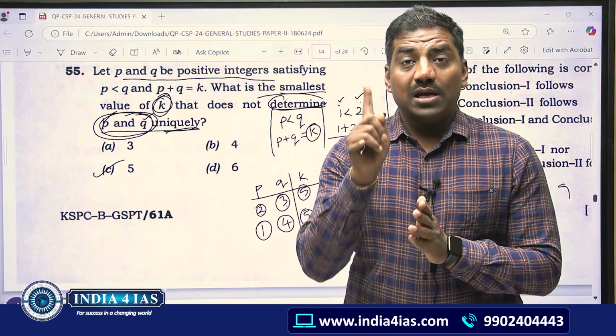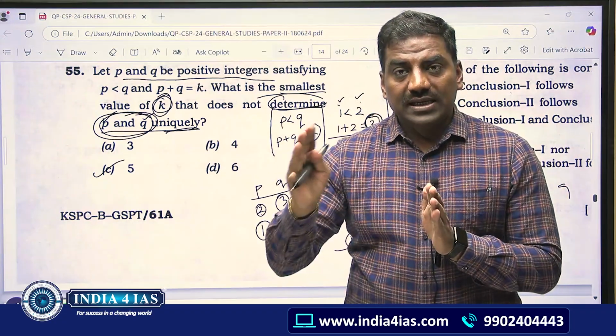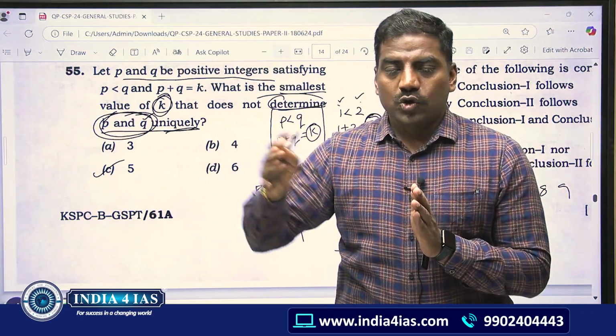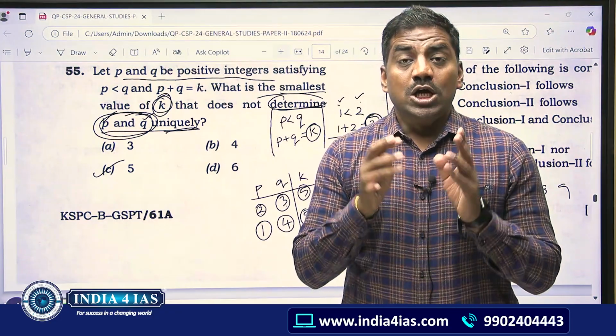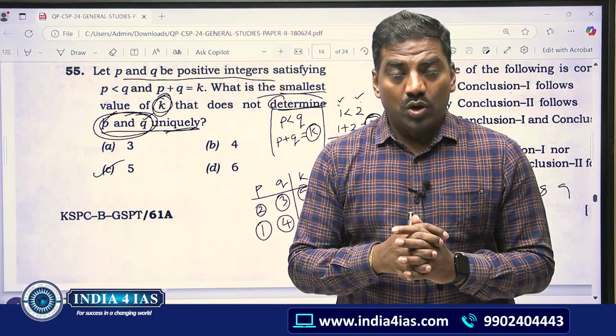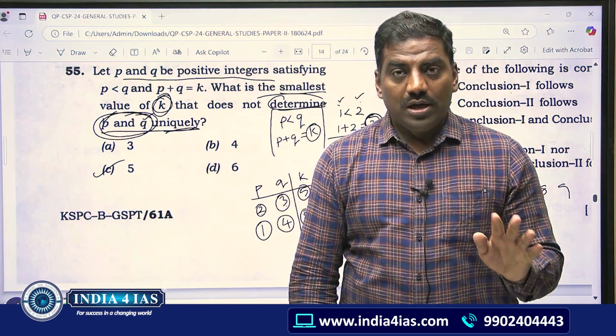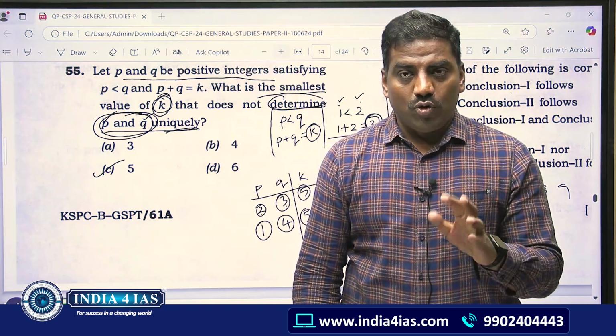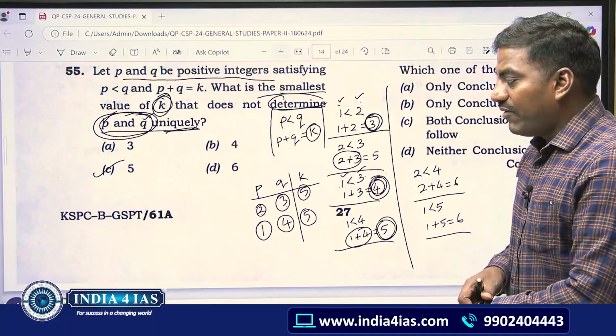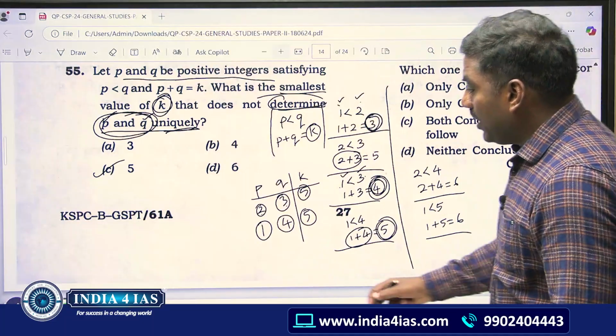There can be more than one value. Even for 6, 7, 8, 9, and so on, you will not get the unique value for P and Q. Only for K equal to 3 and K equal to 4, you will get the unique values for P and Q. But for 5 and above, the values will be more in number.